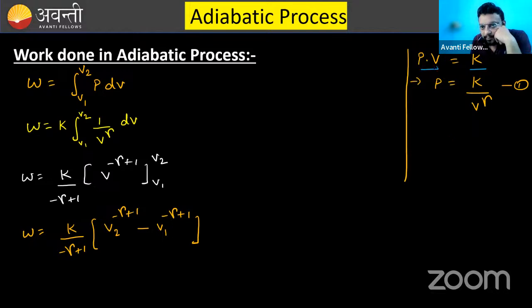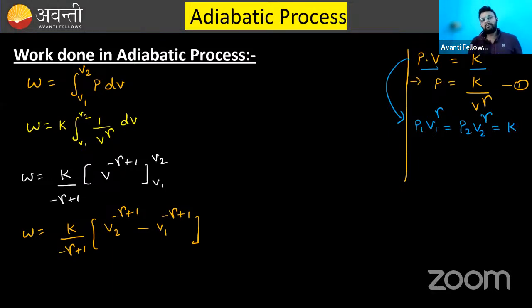If I say P V raised to power gamma is constant, then it can also be written as P1 V1 raised to the power gamma is equal to P2 V2 raised to the power gamma is equal to constant. Because at every state of the thermodynamic process, this term is constant. So I can write it like that.